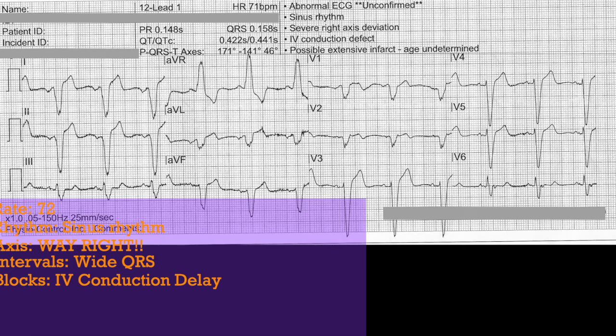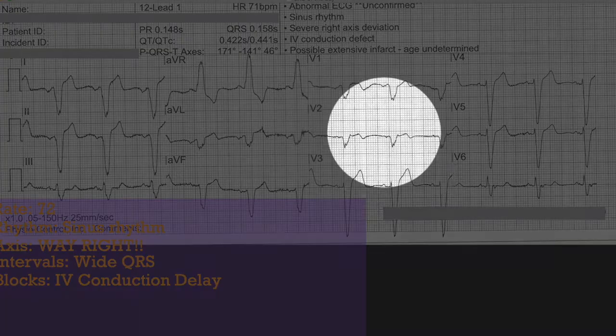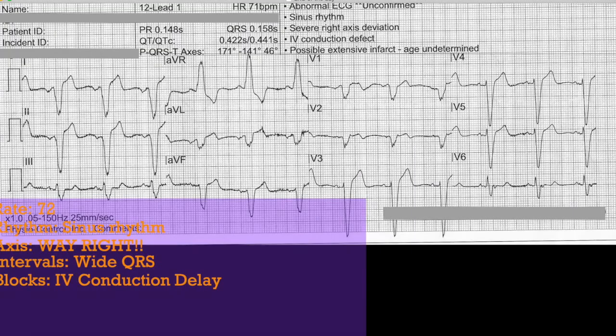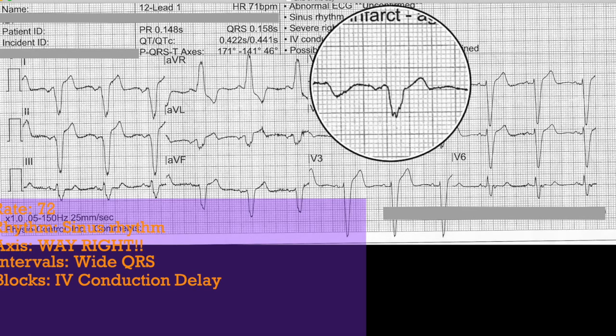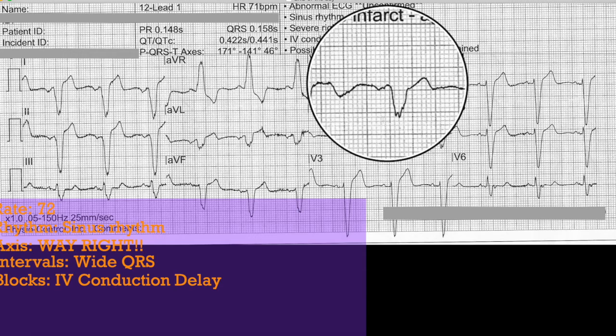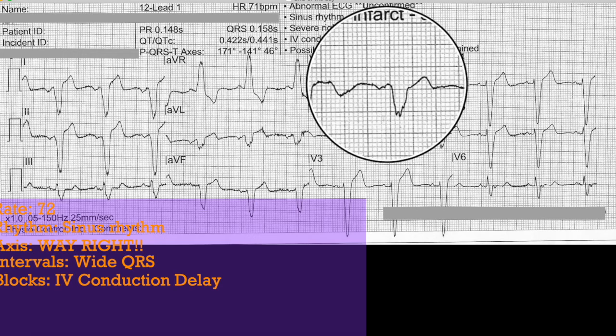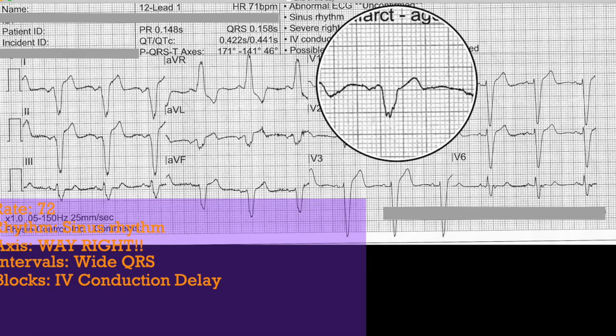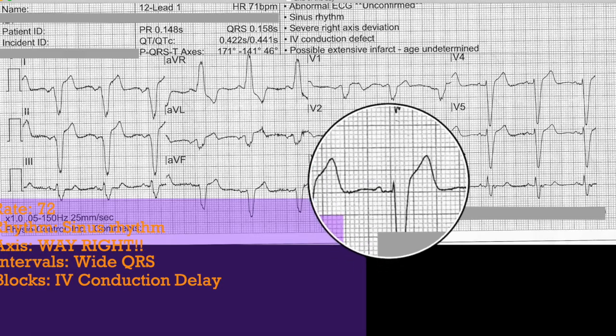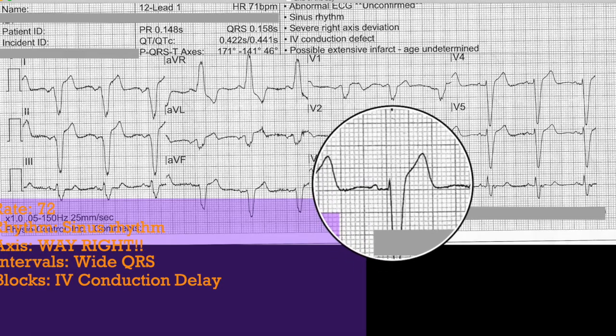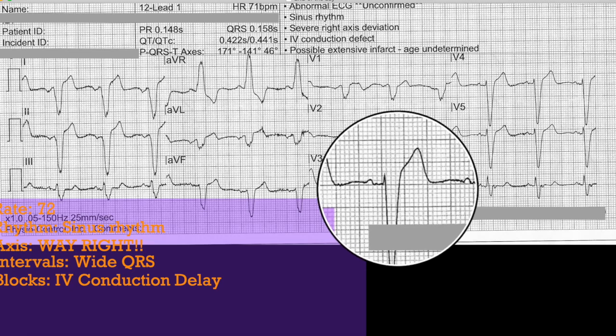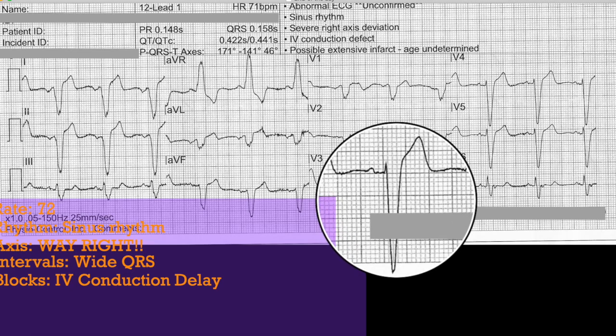How about the intervals? I'll tell you that you've got a wide QRS. That is true. If you remember, our QRS is going to be 3 little boxes or less to be normal. And it looks like from the start to the finish, it's 1, 2, little more than 3, almost getting to 4 little boxes by the time it's all over. So we see a wide QRS.